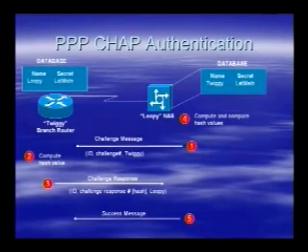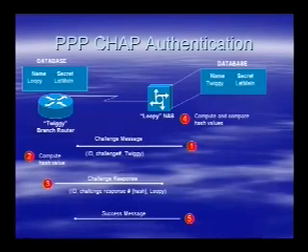So here's a slide that describes that. If you have a router that's connecting to a network access server, the first thing that happens is the network access server sends a challenge message, which has an ID, the challenge number, just a random number, and the name of the remote host.